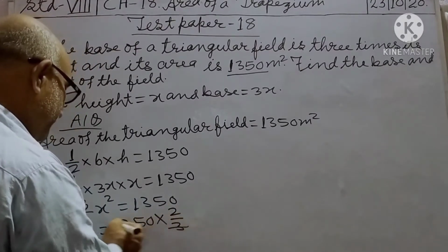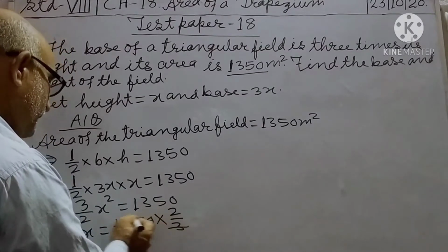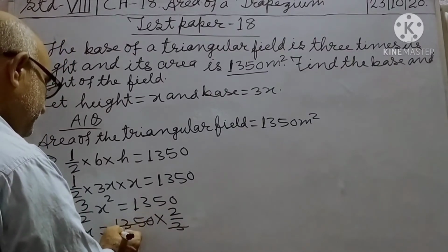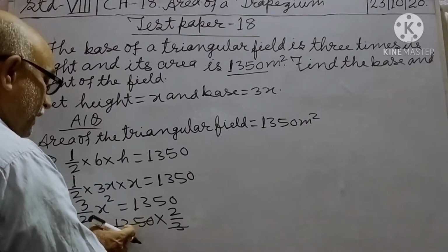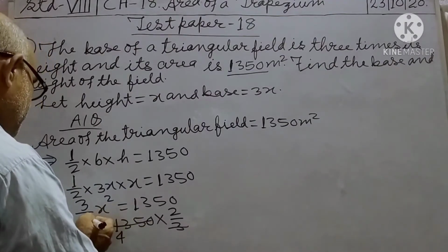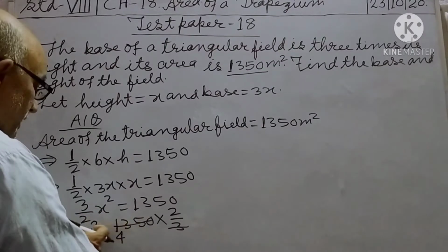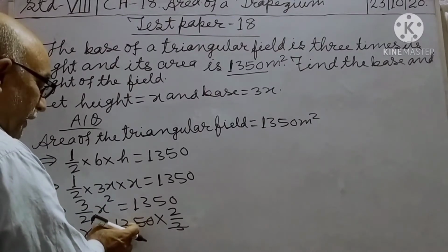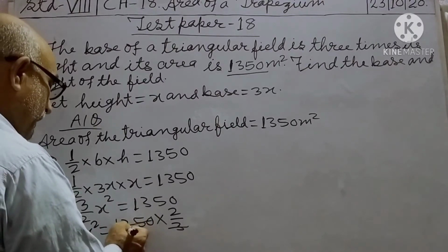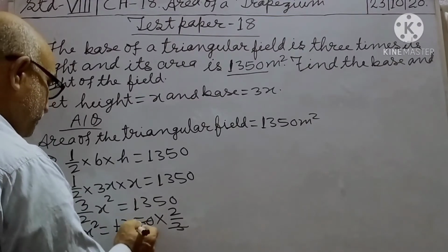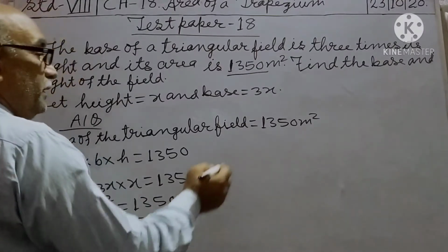So divide it. 3 4 ja 12. Sorry, x square equal to 3 4 ja 12, 1 5 ja 15. So 3 5 ja 15 and 0, 450.